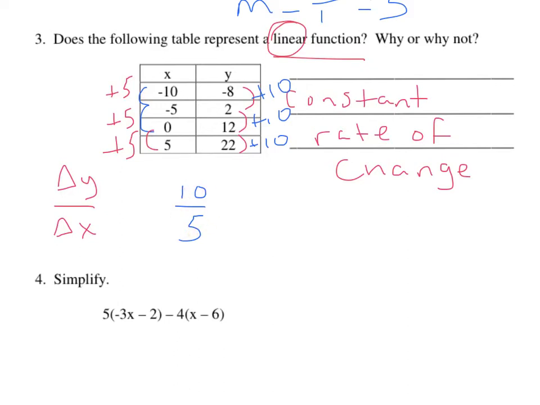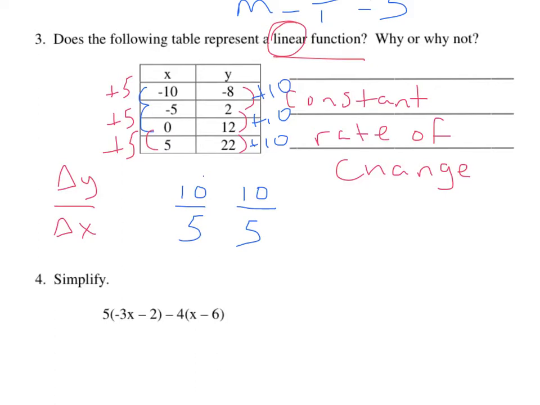We write that as a fraction. Then we're going to look at the change from this point to this point. It went up 10, and the x changed by 5. So far we have a constant rate of change, going up 10 over 5, up 10 over 5.